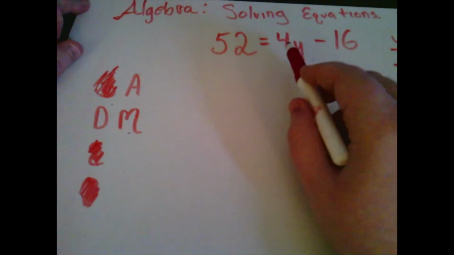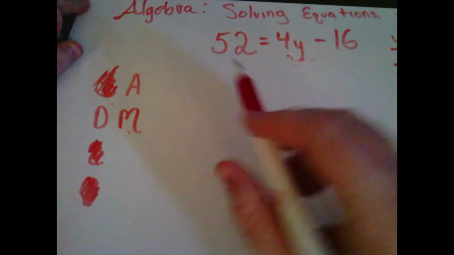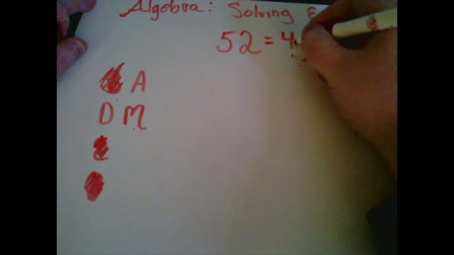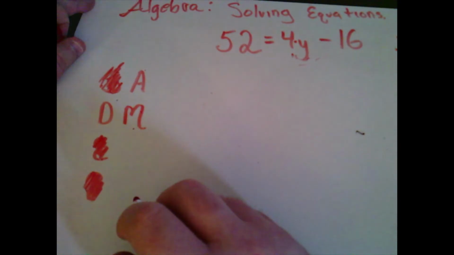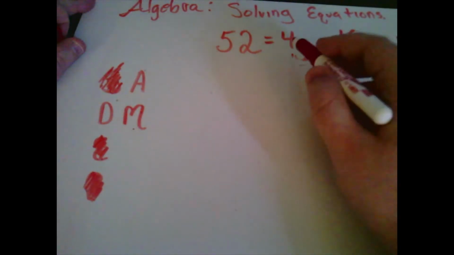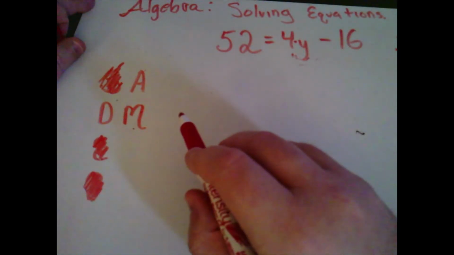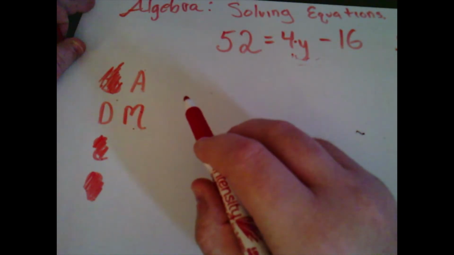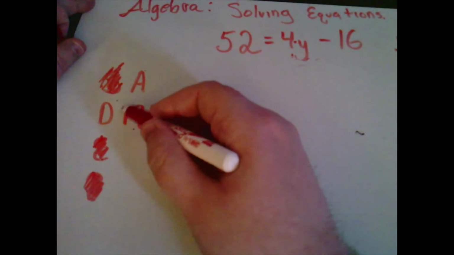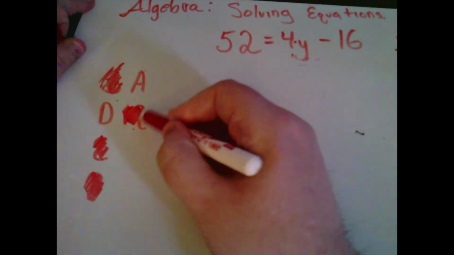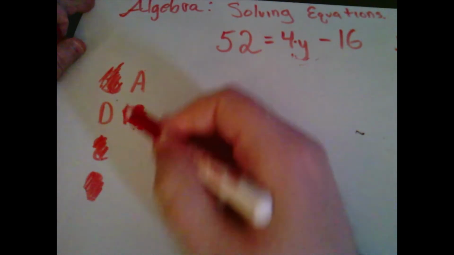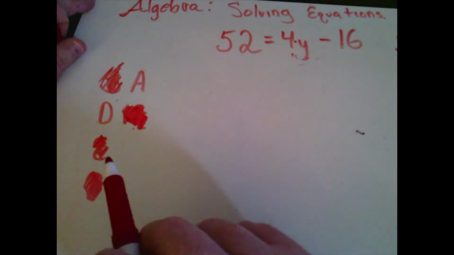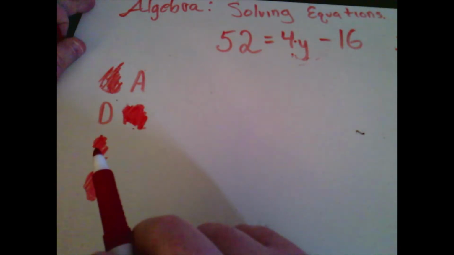Last, 4y. This implies that there is a hidden multiplication between 4 and y here. Thus, 4 times y is the operation happening. The inverse of multiplication is division. We will not be using multiplication to solve this problem. We will be using division because division is the inverse of multiplication. So what are we left with?